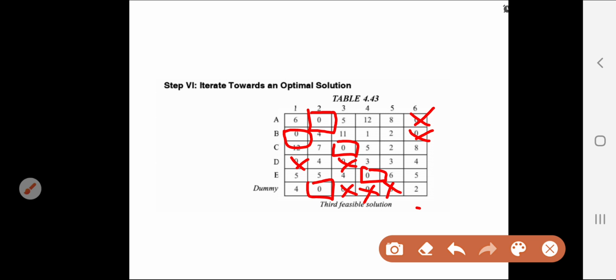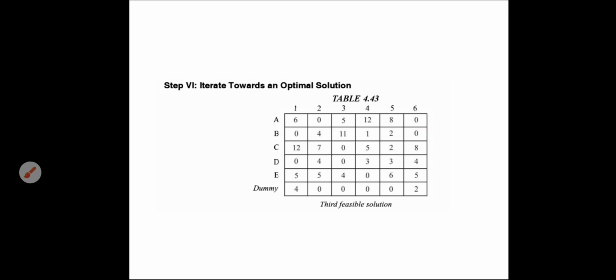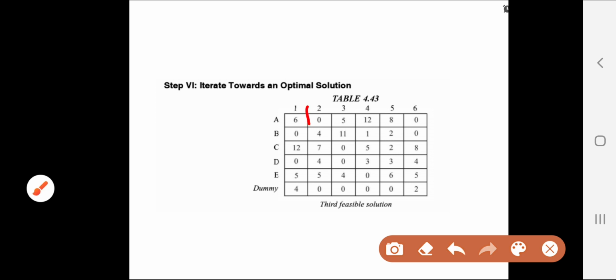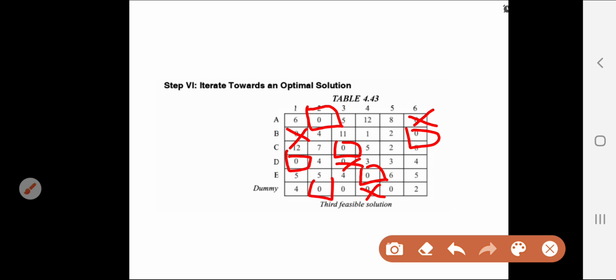Okay, or else, one more way you can assign: you make it cross, you assign, make it cross, then assign, make it cross, then you can assign, cross, here you can assign and make it cross.